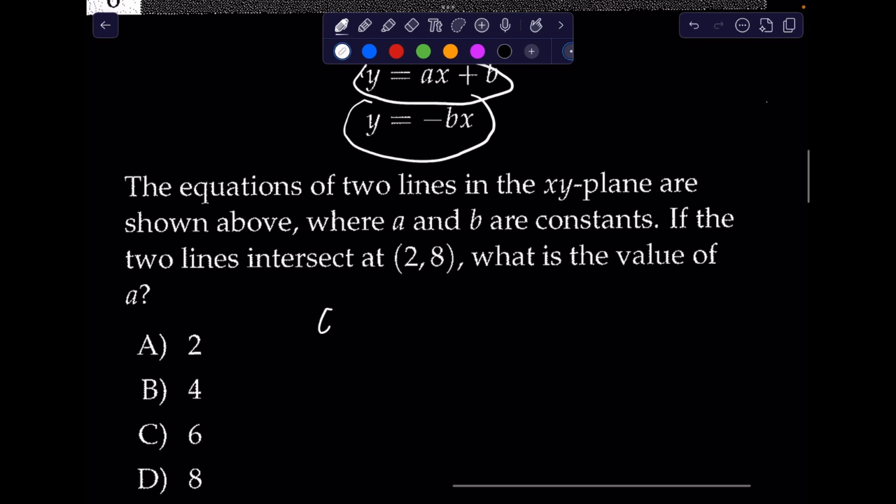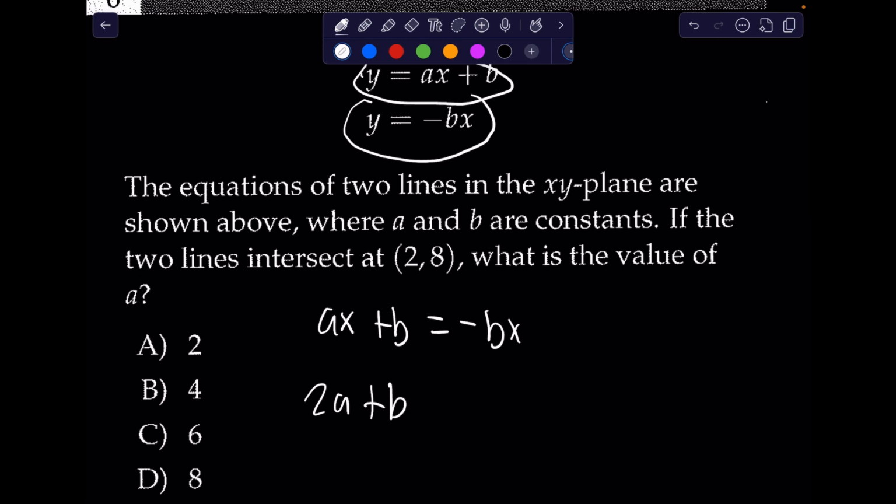So it can be ax plus b equals negative bx. And we also know that x equals 2. So you can plug in 2a plus b equals negative 2b.